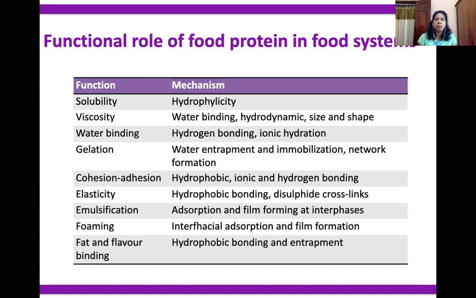When you are using gelatin, or producing different types of gelatin-based products, those can very happily trap the flavors and the aroma, right? I think you have tasted those kind of things, especially marshmallows. Many people eat them, and there is no fat in marshmallows actually, the gelatin can entrap these flavors.